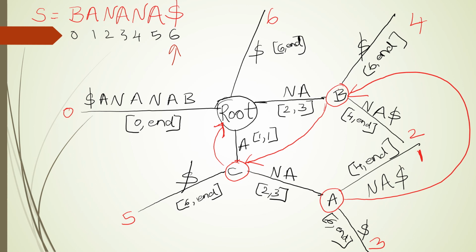When B was created, it points to B. And B was pointing temporarily to the root node. And when C was created again, B points to C and C will point to the root node now. So these are called suffix links. And let's traverse and see whether we did get all the suffixes or not.